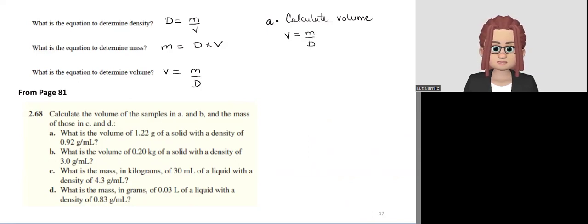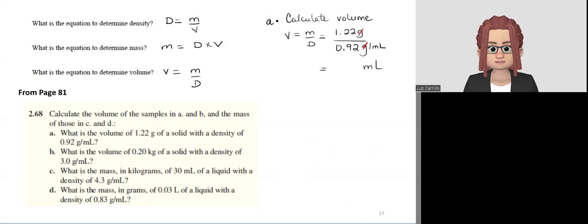In the problem, M is 1.22 grams. Density is 0.92 grams per milliliter. When I divide these two measurements, the units of grams cancel. So that means that for this problem, the volume is going to be given in milliliters.